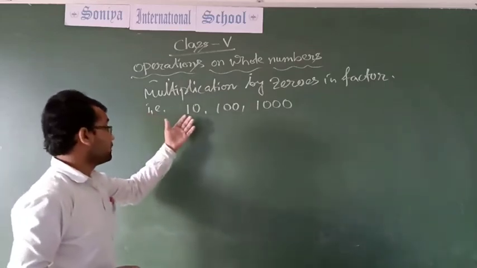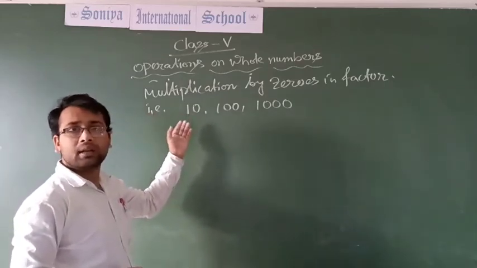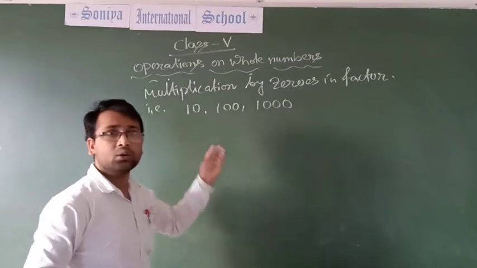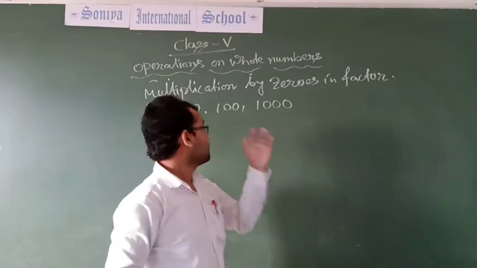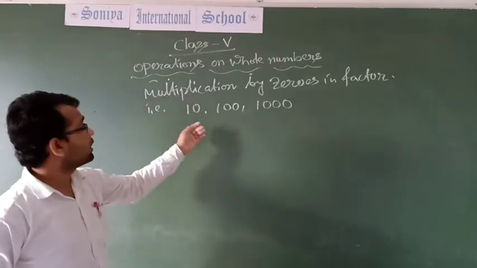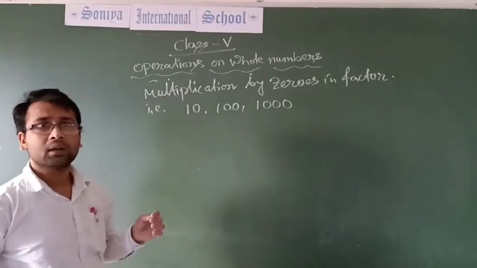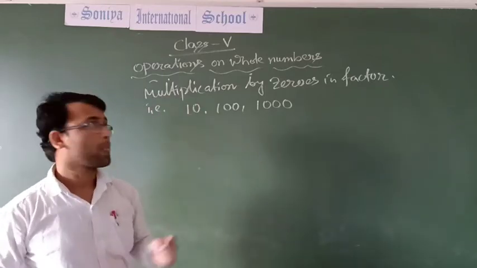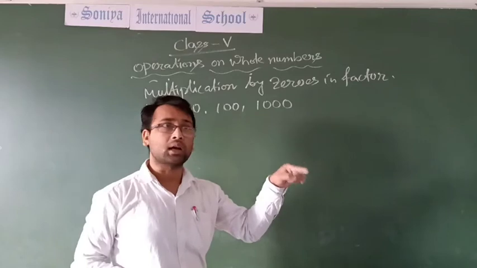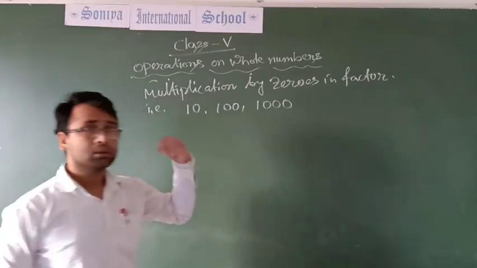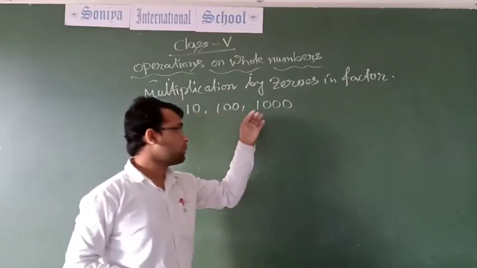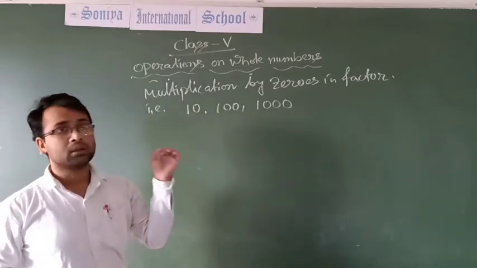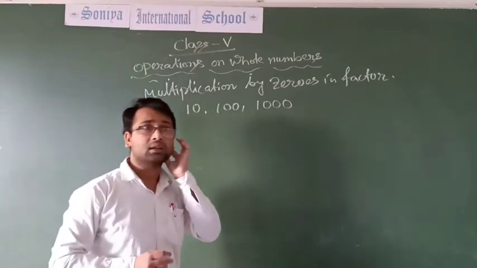When you multiply by ten, add one zero. When you multiply by 100, add two zeros to the right side of the given number. When you multiply by 1000, add triple zeros to the right side of the given number.